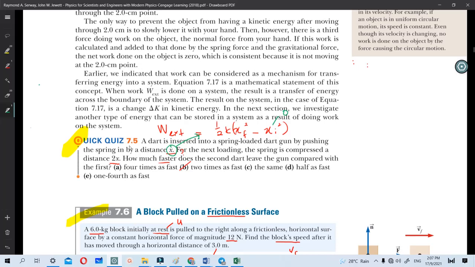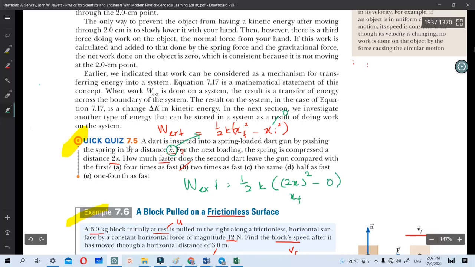How about when it is 2x? This is the expression for that one. We find half k, but the final is 2x. So this is the x final for the second situation. And initially it is not stretched or compressed. This is my part to explain to you.